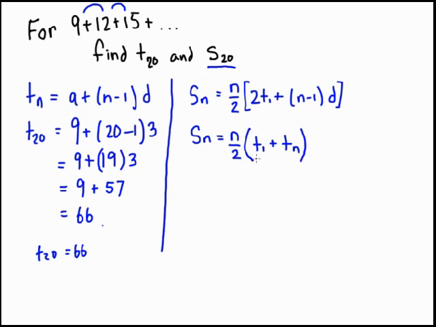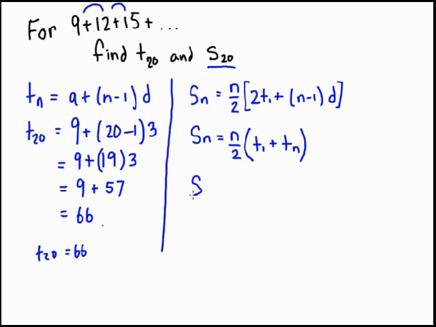And this one's a little bit simpler, and you would use this if you know what term 1 is and what term n is. And in this case we do. Term 1 is 9, and the 20th term is 66.